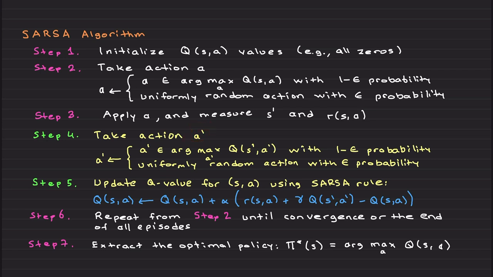The next action A prime is also chosen using the epsilon greedy action choosing mechanism. So with some epsilon probability, it is random. With 1 minus epsilon probability, it is chosen as the optimal action using argmax of Q(S prime, A prime). That's the main difference from off-policy methods like Q-learning.